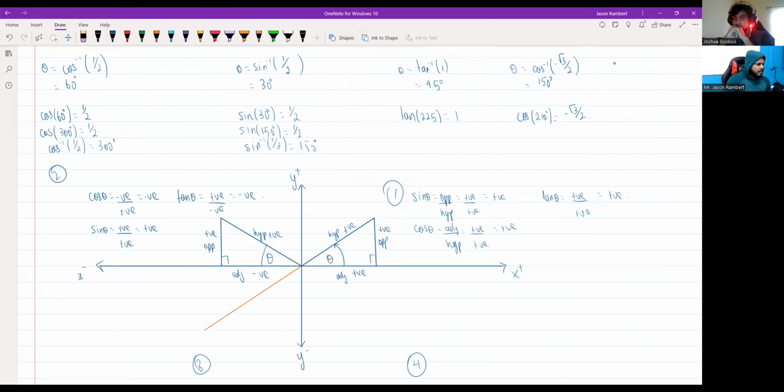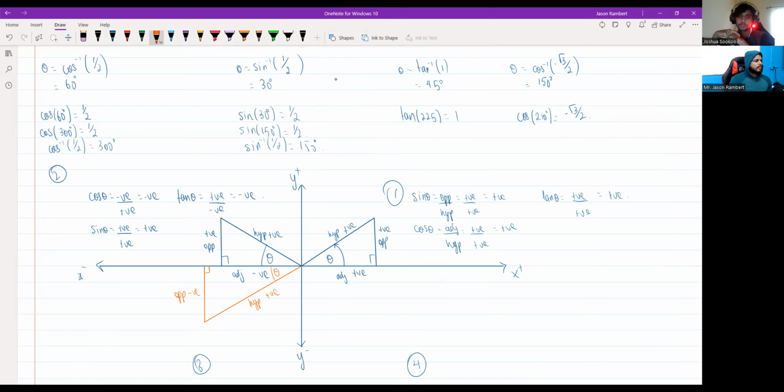So I'll just make this triangle a little bigger, just so that we don't get confused with the triangle above it. Theta and adjacent are going to stay in the same place. Adjacent is going to be a negative number. My opposite is going to be a negative number, because it goes down the negative axis. And my hypotenuse is going to be a positive number, as always.